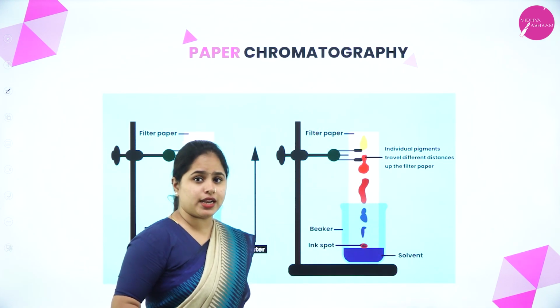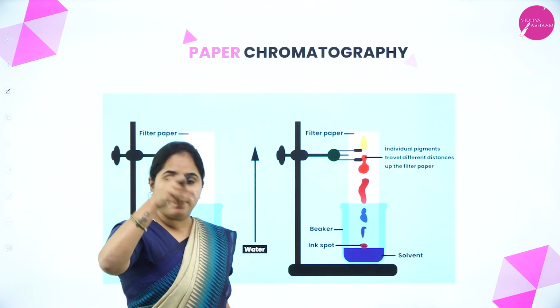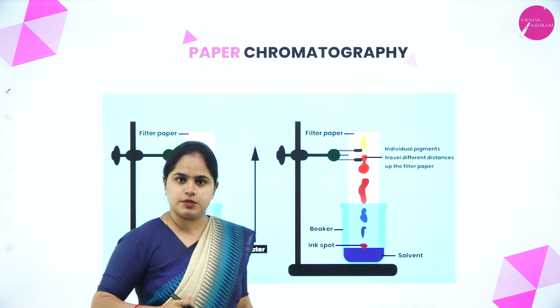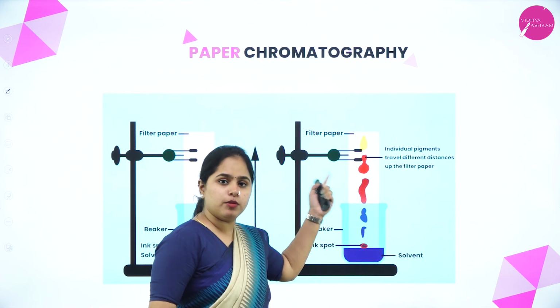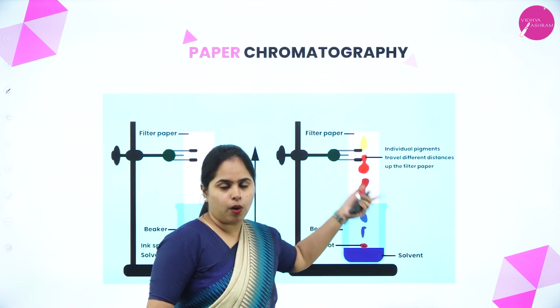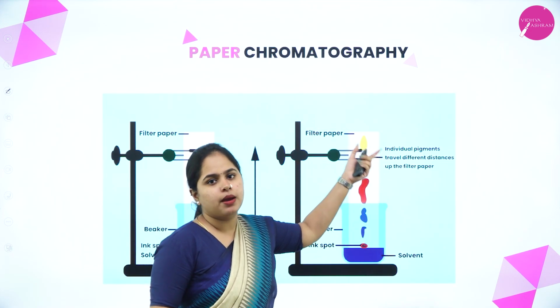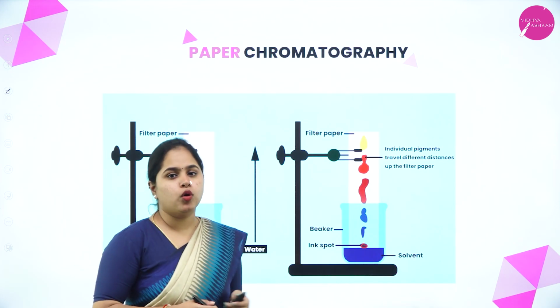In this particular example, we have taken a spot of ink in which many colors are present. When we dip it in a particular solvent, as the solvent moves up, we will be able to get the different compounds, that is different pigments, based on their partition or adsorption happening there. So I hope it is clear.